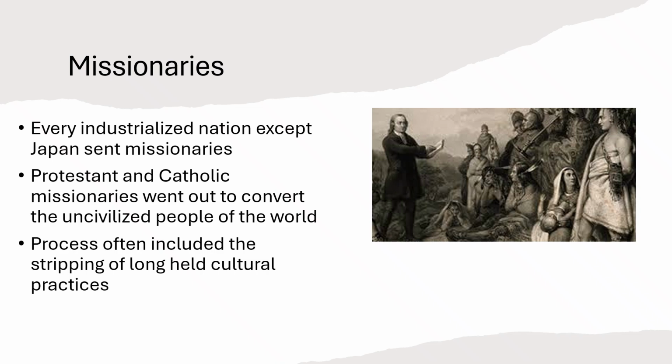And ultimately, what's going to happen there is there's going to be a forced overthrow of the monarchy at the end of the 19th century and an annexation of the island nation, with the protest of the queen at the time, Queen Liliuokalani.